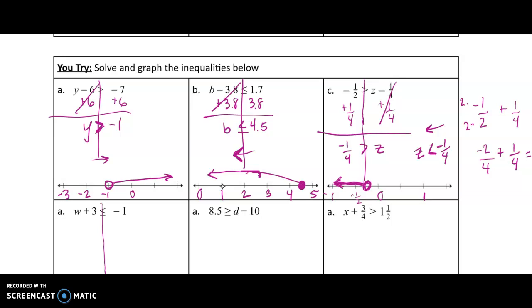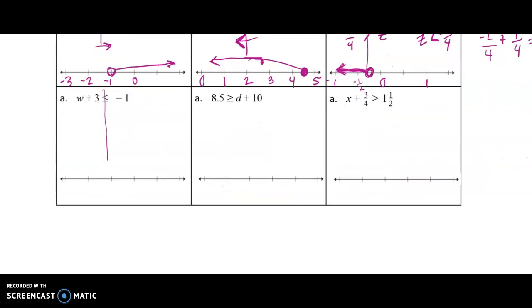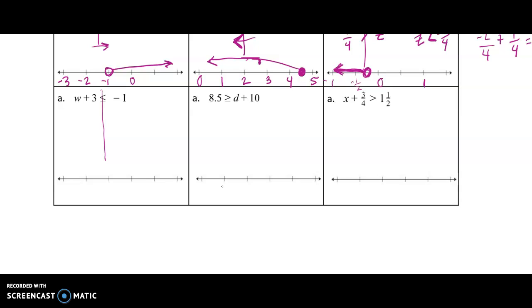That's why we flipped it. So I rewrote it as z is less than -1/4. That way it's still the same, but this way we can easily see that it's a less than. So over here, you can still graph it this way. You would just have to know that -1/4 is the largest it can be, so it's the closest to 0 it can be.